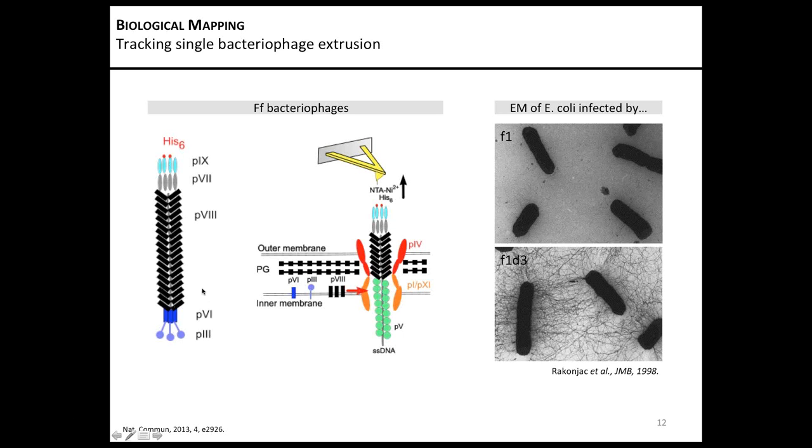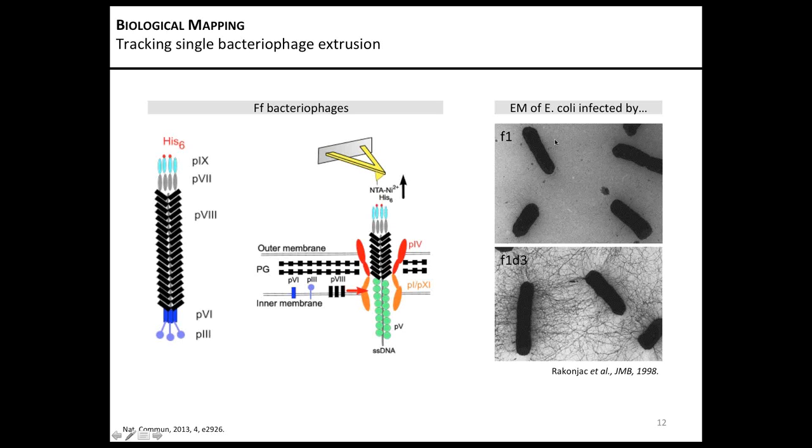So you have like 9 proteins. Some proteins are for the virus assembly, and some other proteins insert into the cell wall to make like a channel so that the virus can go out from the cells. We added at the terminus of the virus some E-tag so that we are able to detect it with a functionalized tip with an NTA group.